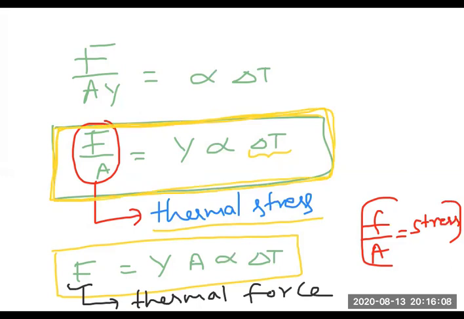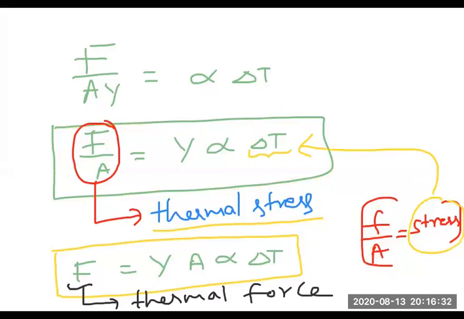The force acting normal to the unit area we call pressure. Here in this situation we call it stress. For the rod, it is expanding in that way. When there is a change in length, we also call it stress. This stress is related to heat. The stress is connected to what? Temperature difference. Delta T is the temperature difference.